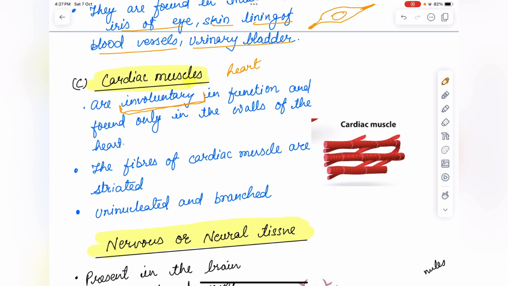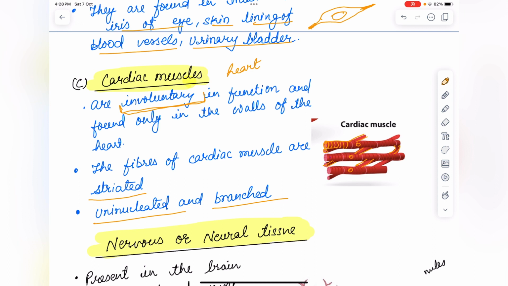The fibers of cardiac muscles are striated. We can see this image, cardiac muscles. We can see the striation bands, light and dark bands, in these muscle cells, and they are branched. We can see the branches by which they are attached with one another. Nucleus will be centrally located.